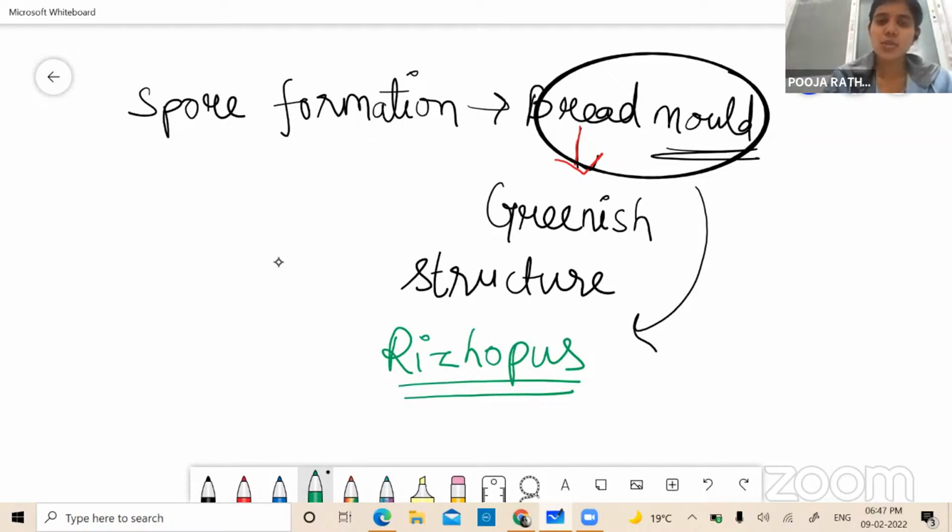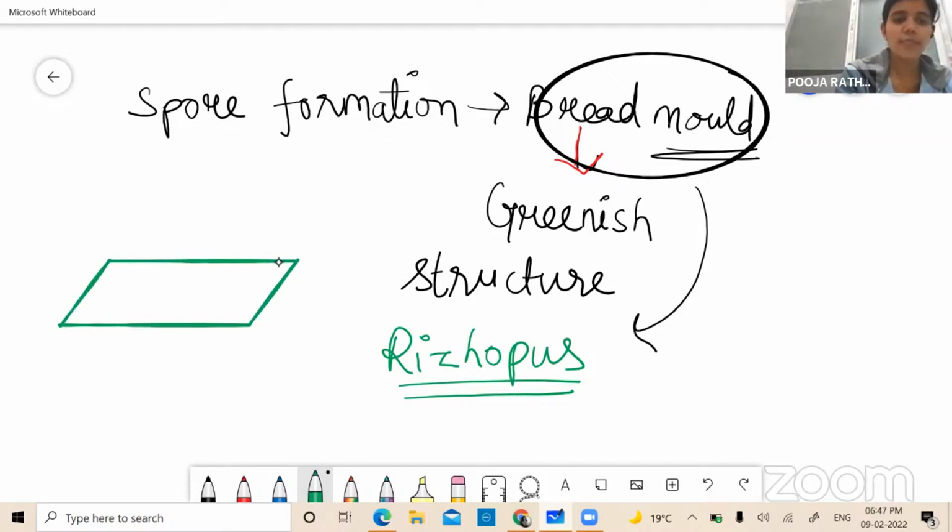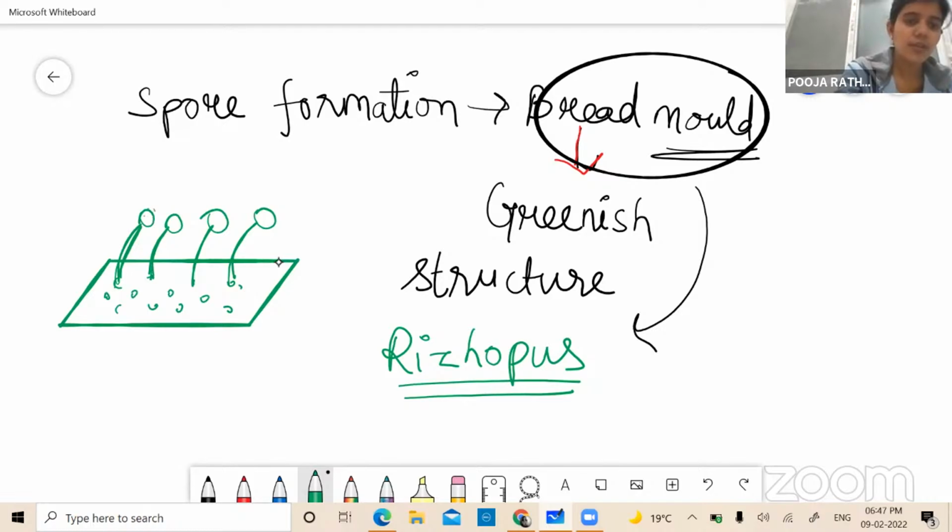Now, what actually happens in Rhizopus? When bread is kept for a long time in a moist environment, the green colored Rhizopus grows over it. They form spores over their last end.